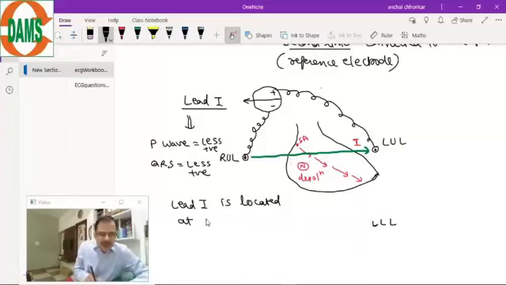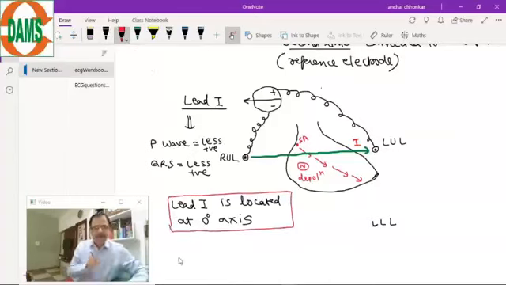Lead 1 is located at the 0 degree axis. Even mathematically, if we take this line and this angle, it is located at the 0 degree axis.